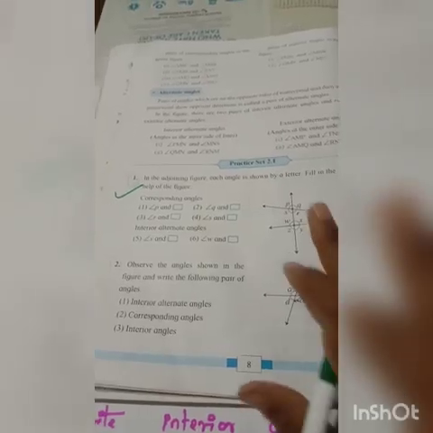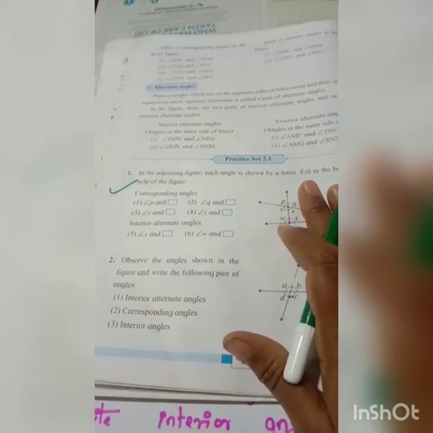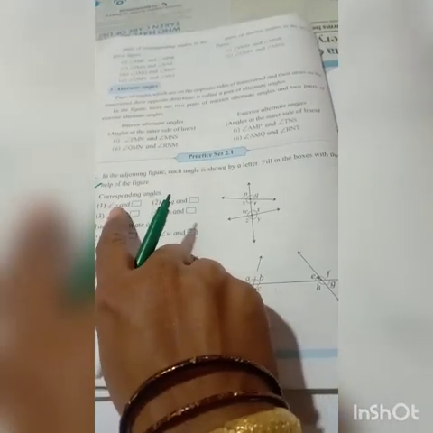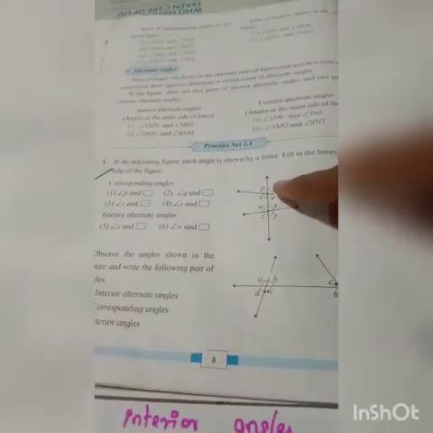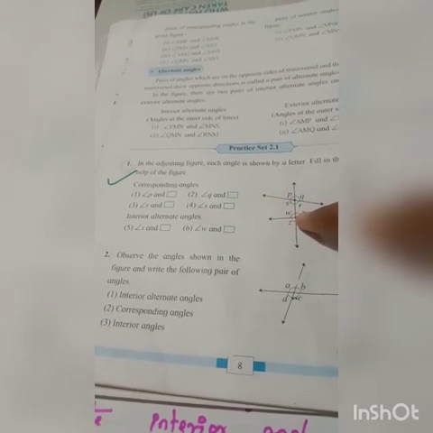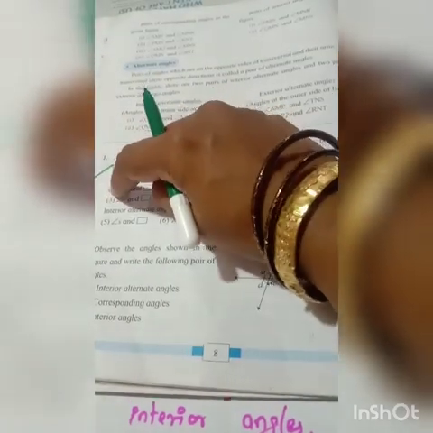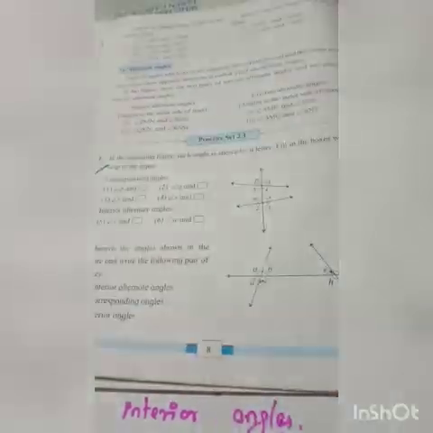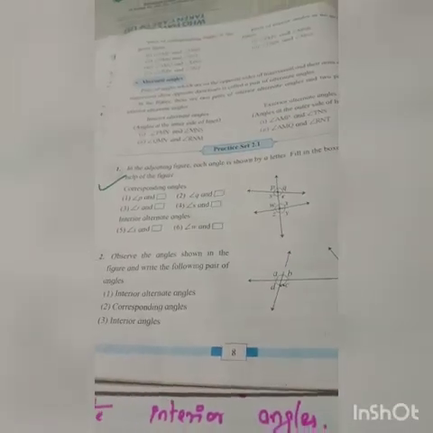In this one, the first one is very easy. It is your homework. First question, first one I will do: corresponding angle. Angle P is corresponding. It is above the line. In the next one, above the line, that is W. So angle P and angle W. Okay.